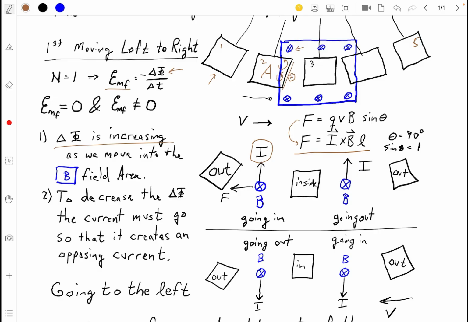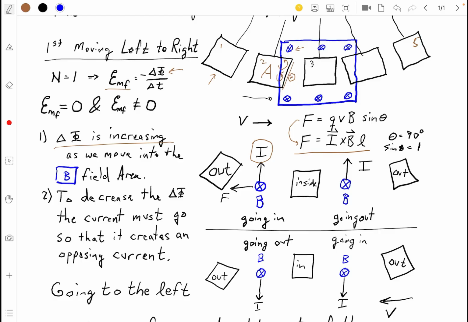The flux is staying still, no change in flux, no EMF. Gradually, we start to roll out of our B field, and again, the flux is decreasing. So what happens? Well, the current wants to make the decreasing flux increase, so it has to add to the already into-the-page B field.